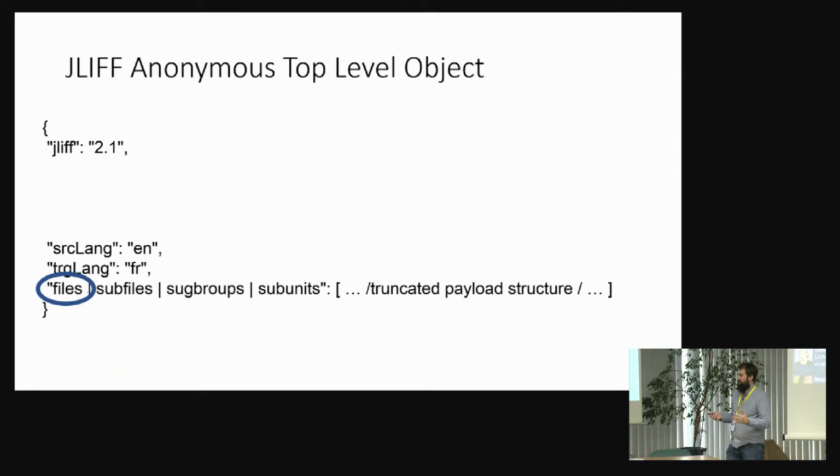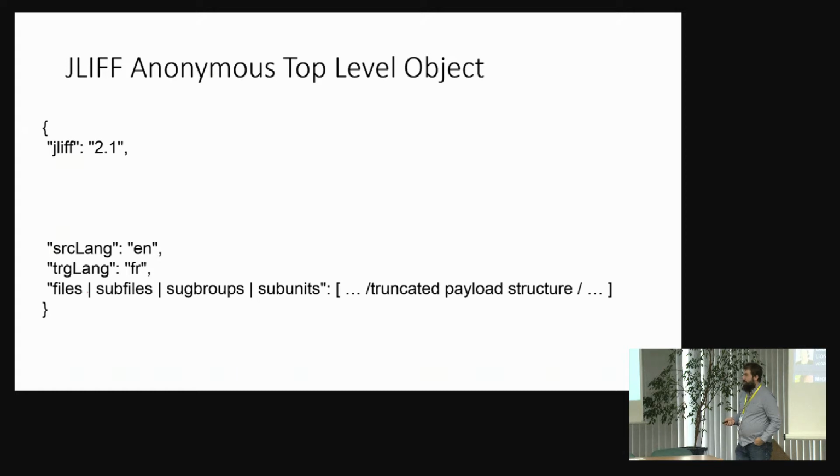It is kind of compliant. You can represent files, subfiles, subgroups, subunits. But we think this last option is the most important scenario: you actually want to exchange in real time. A translator is working in real time on a workbench, and you exchange the unit content in real time. So just the subunits.